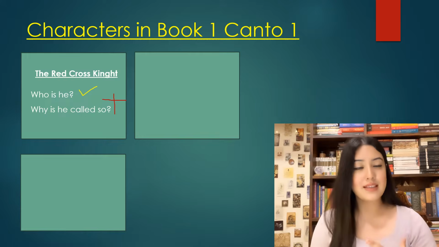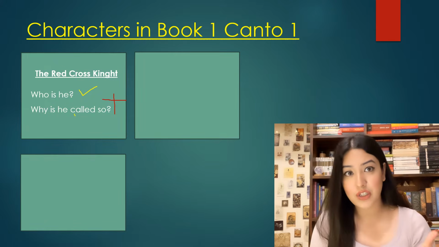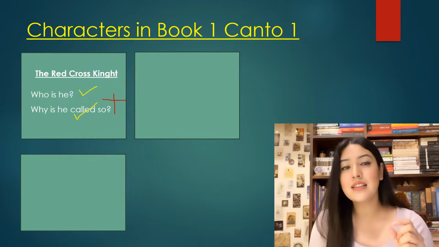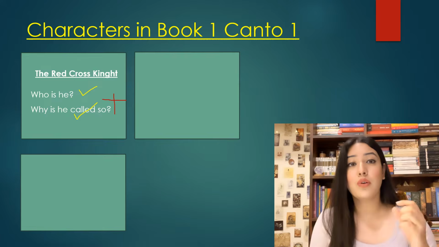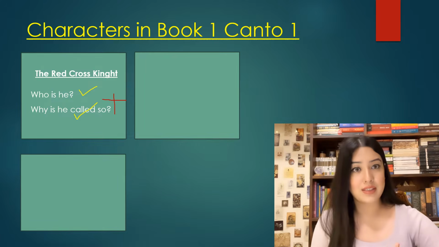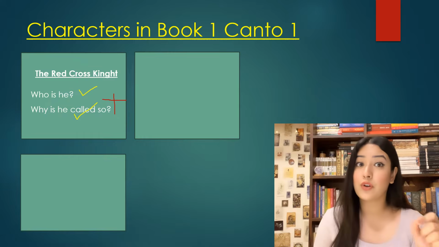The cross is of course the symbol of the crucifixion of Jesus Christ, and the red color symbolizes the blood during this crucifixion. So he derives his name from that symbol, and he's called the Red Cross Knight.